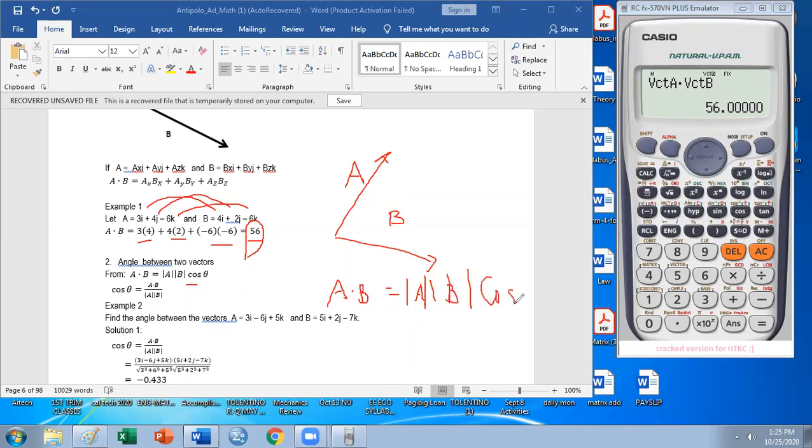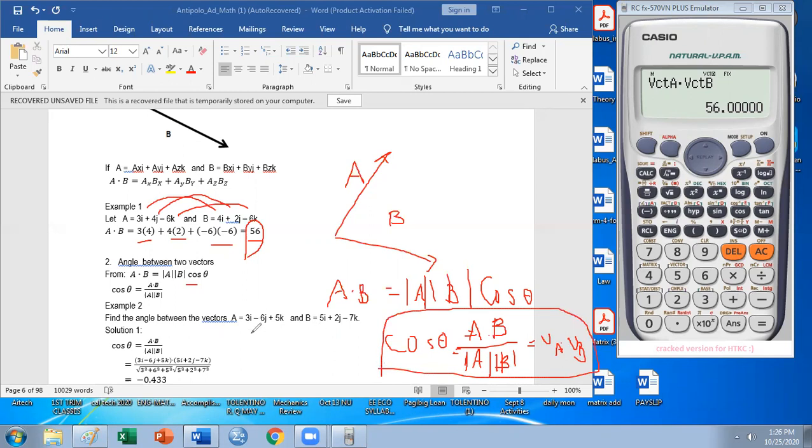So that means your cosine of theta is equal to A dot B over the magnitude of A, magnitude of B. But remember, A divided by the magnitude of A is unit vector A. Unit vector A dot unit vector B. So cosine theta, this is the formula.